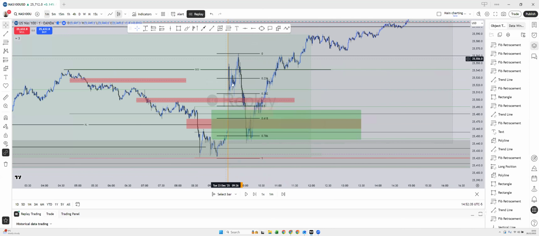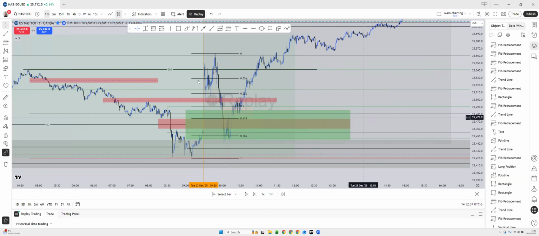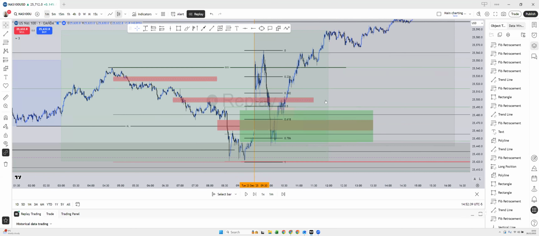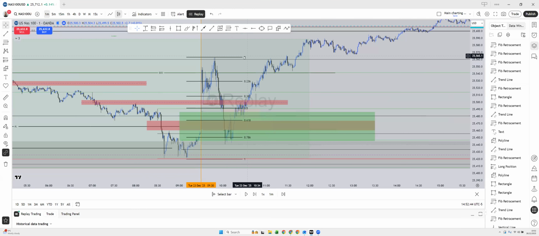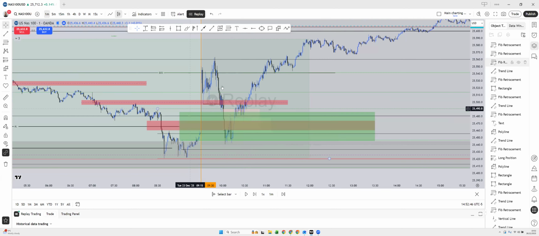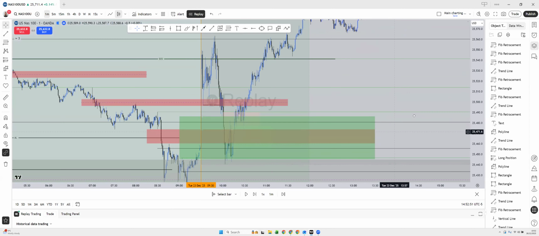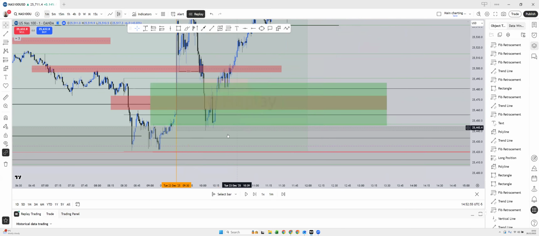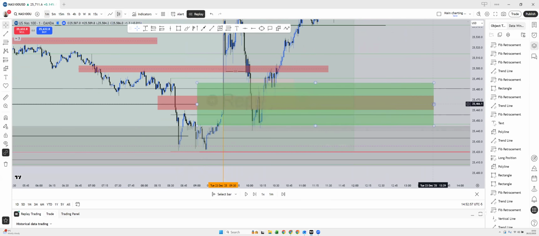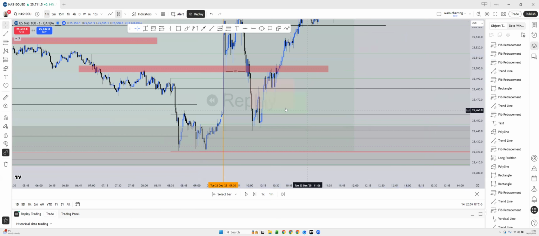So yeah, this break of structure here. Price coming back into here to revisit where it broke out from. Relative to this break of structure, let me get rid of these fair value gaps because they're a bit confusing, right?